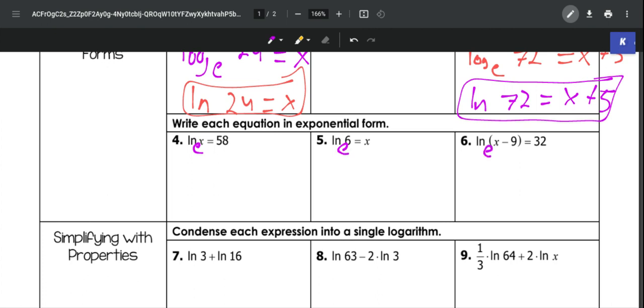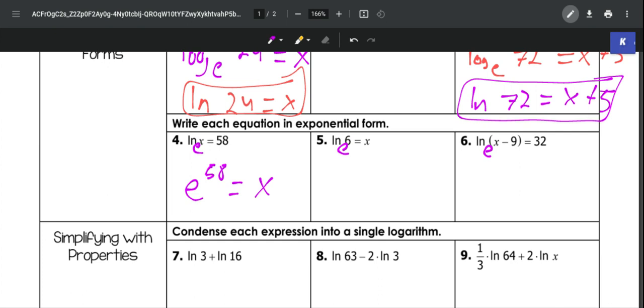So when we write this in exponential form, that e becomes our base, and then whatever our logarithm's equal to, that becomes our exponent, and then whatever's being evaluated. So here we have natural log of x. That's what our exponential form equation will look like.